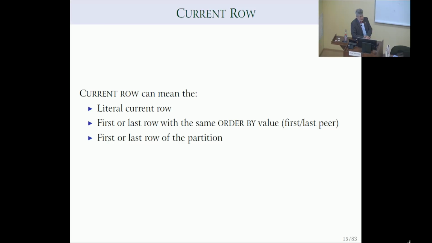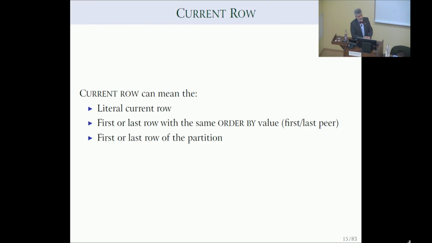So just to give you the first complexity, current row can mean three things. It can mean the literal current row, which is what you would assume it means. It could mean the first or last row with the same order by value. So for example, if I order by a value and the current row is 3, current row could mean all of the rows that have a value of 3, not just my row, but any row with a value of 3.